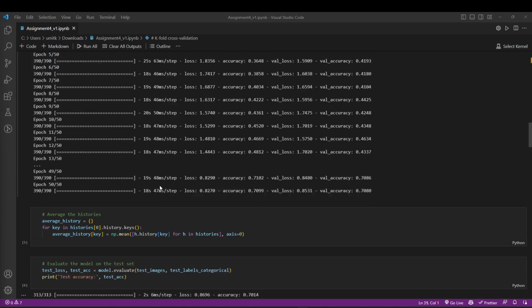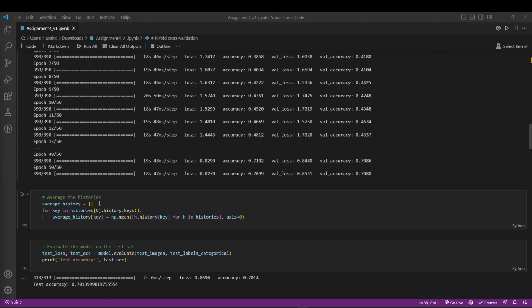Moreover, moving on to averaging the histories. So it's an empty dictionary. It stores the average history values for each metric, such as accuracy, loss, validation accuracy, and validation loss. And then the for loop iterates over the keys in the history object of the first fold. These keys represent the different metrics tracked during the training.